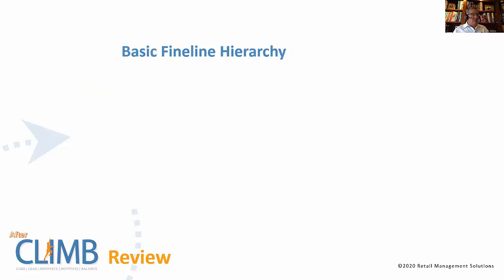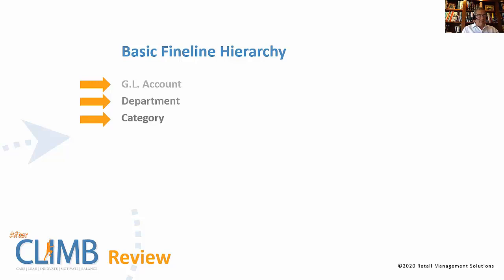Okay, so let's talk basic Fineline hierarchy. It starts with the general ledger account for your accountant. Now the broadest level for looking at your products is the department itself. And in every department, there can be multiple categories. And then in every category, there can be multiple Finelines. So the typical structure that we use is the Homaker structure.